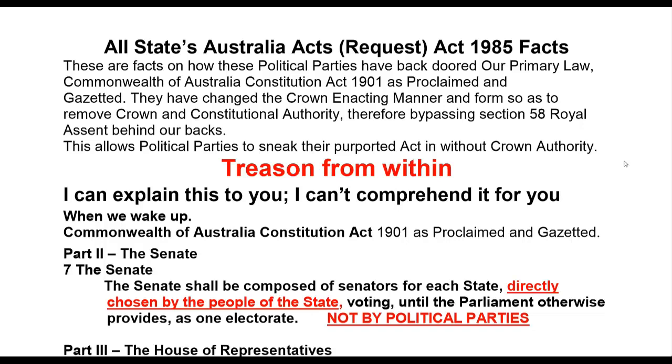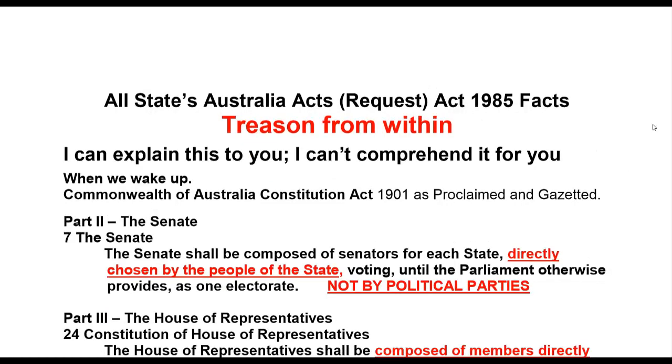They have changed the Crown Enacting Manner and form so as to remove Crown and constitutional authority, therefore bypassing Section 58 Royal Assent behind our backs. This allows political parties to sneak their purported act in without Crown authority.